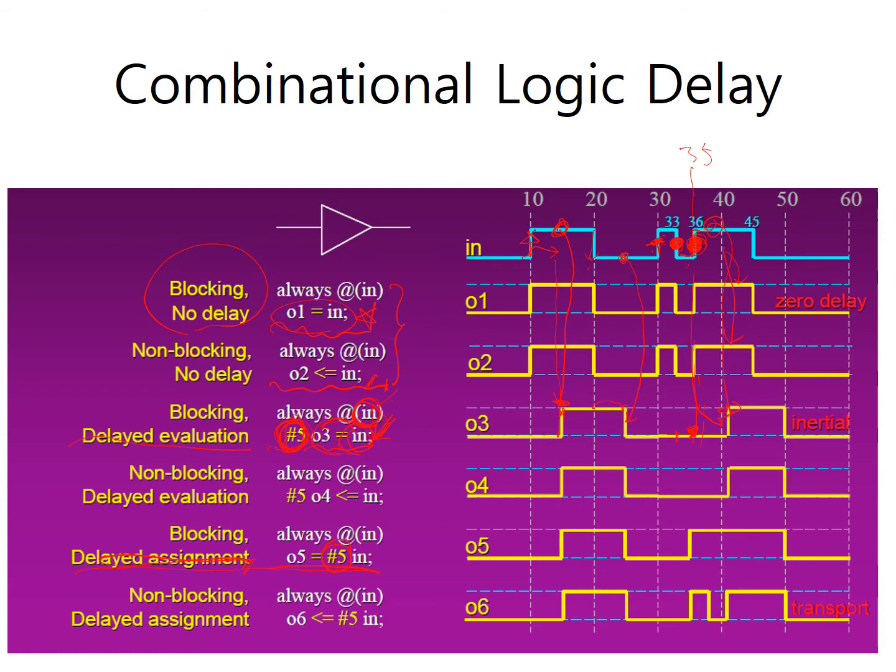This exactly follows the inertial delay case. We specify the 5 nanosecond delay here, and if input activity happens within this 5 nanosecond window, such an operation is ignored. So we get this kind of inertial delay.